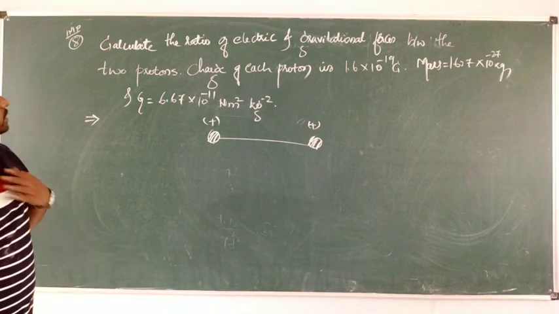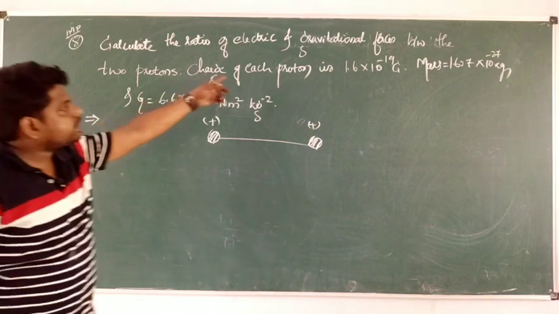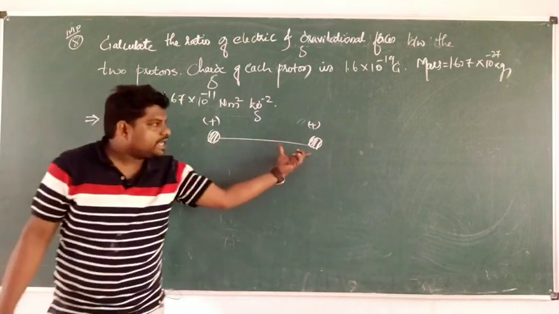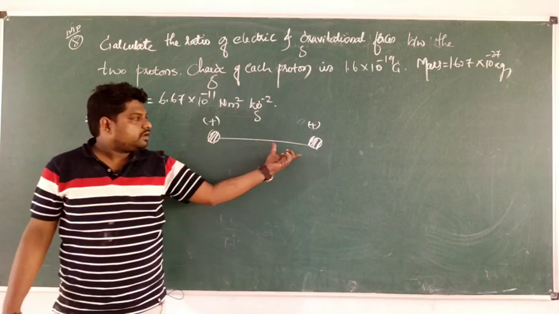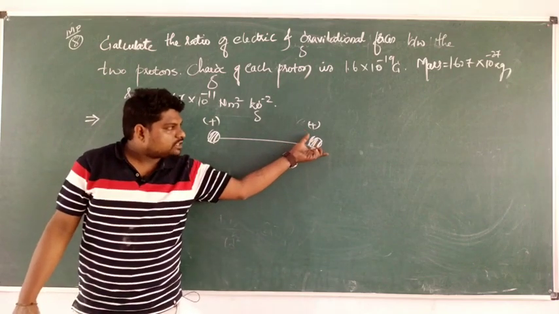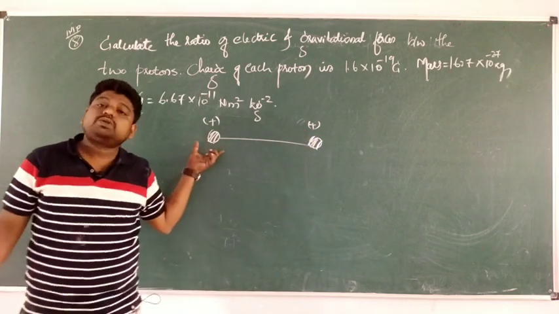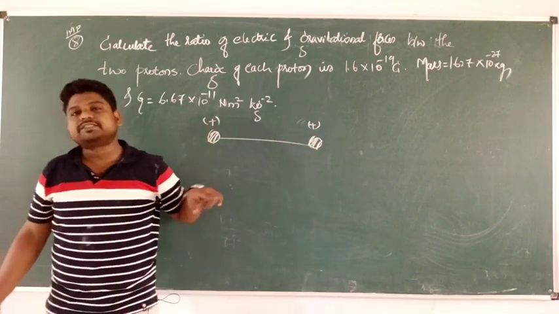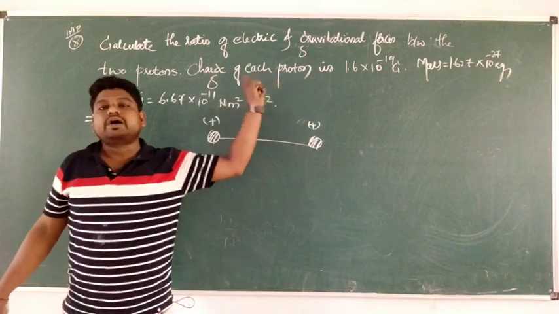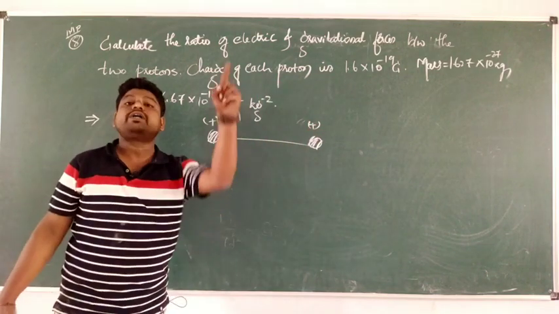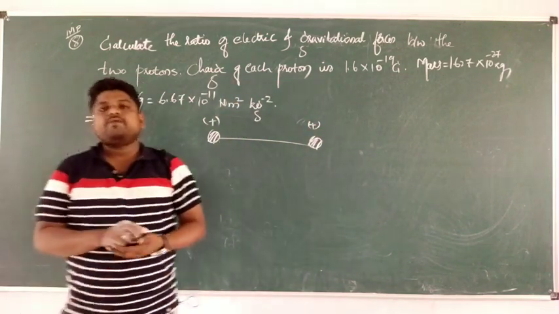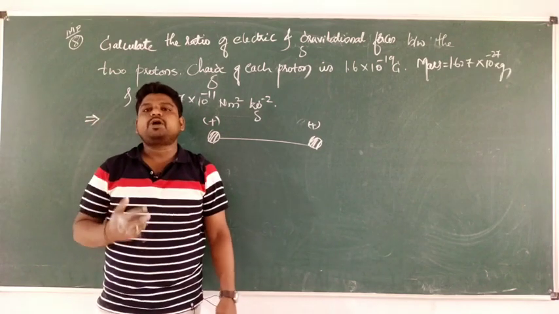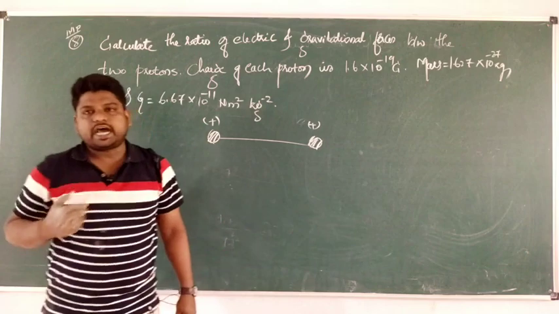Now what they are asking is, we have to calculate electric force. Definitely there will be electric force. When there is an electric force, this is also a charge which is having a mass. This is also a charge which is having a mass. When these two charges are having masses, then there should be a gravitational force between these two according to Newton. We have studied all those things in first PUC, when we were talking about the nature of the charges.